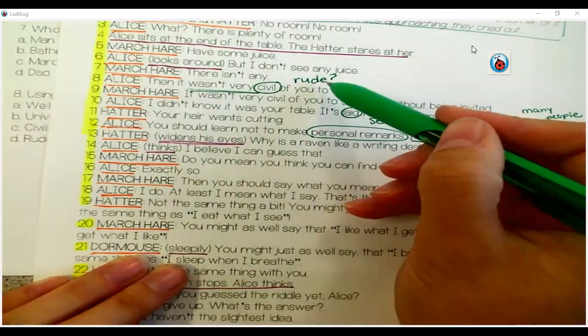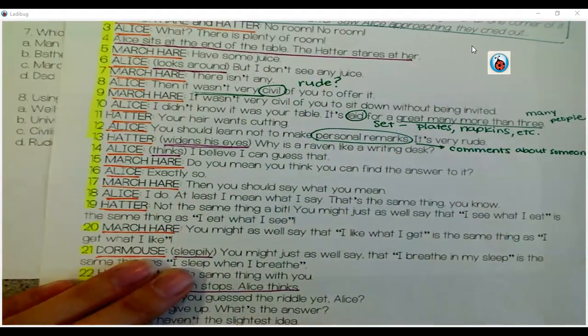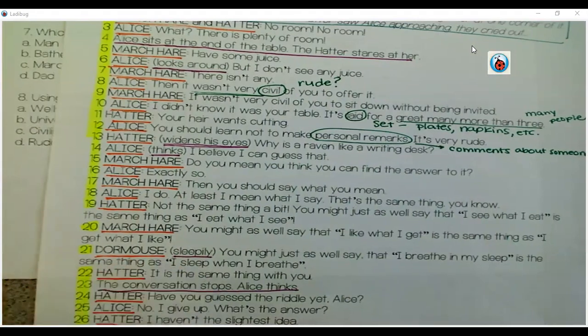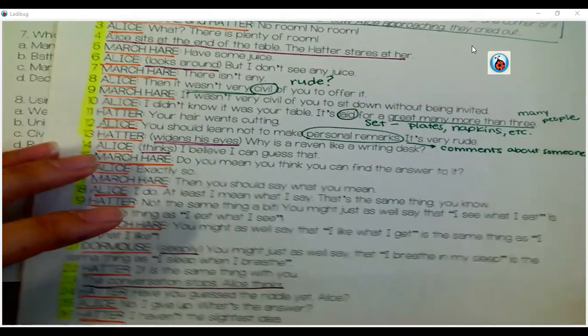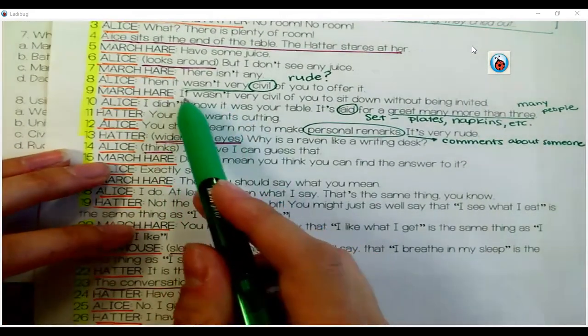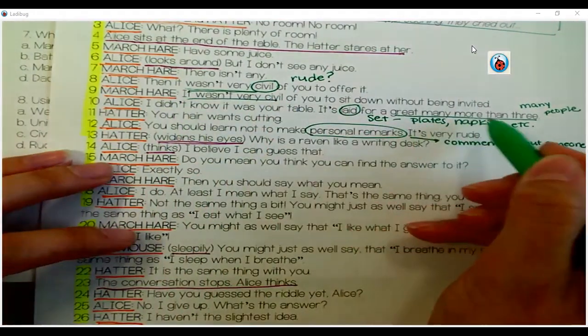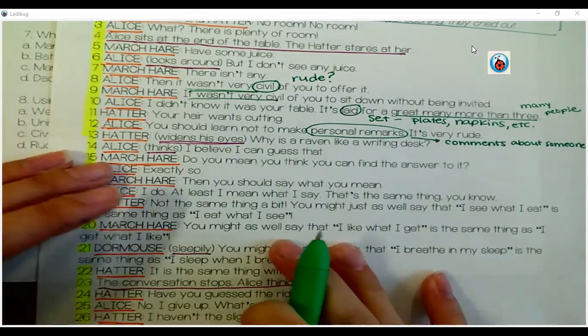We said that means that they must be acting rude, to say it wasn't very civil of you to offer it. So it was rude to offer something that they didn't have, just like we heard the March Hare say it wasn't very civil of you to sit down without being invited, so it was rude to sit down without being invited.